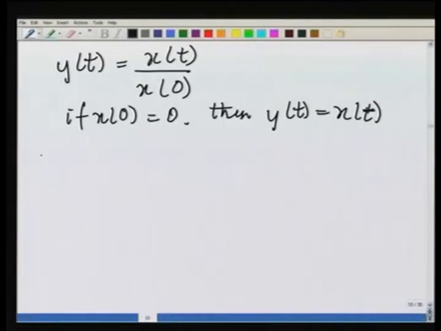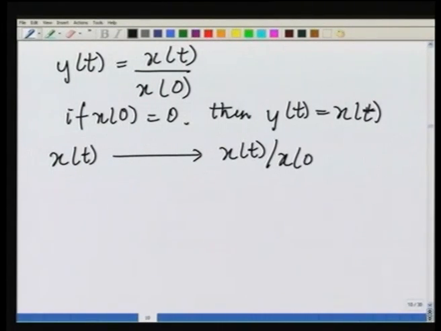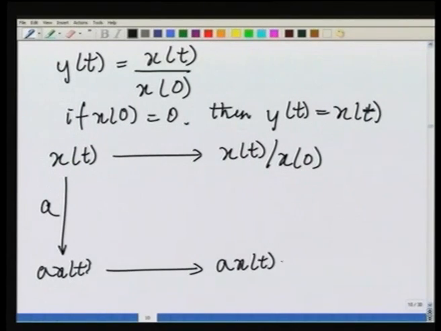Is the system homogeneous? Let us just understand what I have written over here.